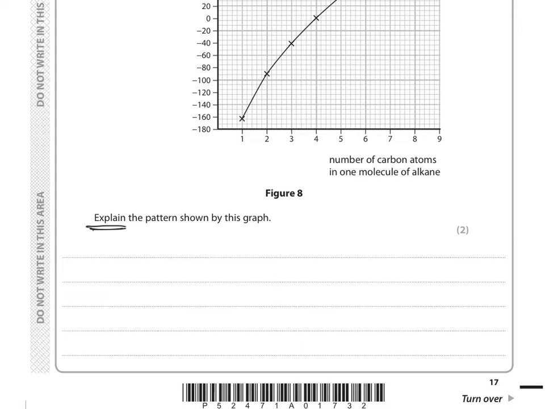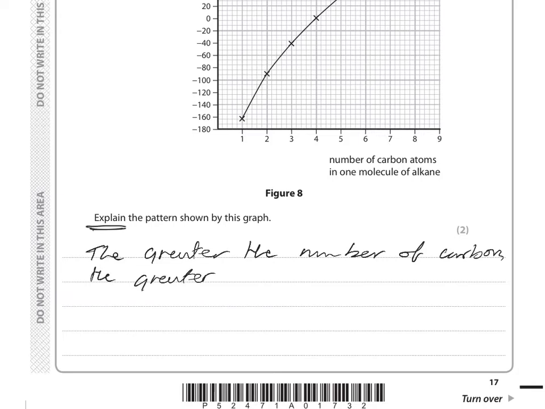So the greater the number of carbons, the greater the boiling point.